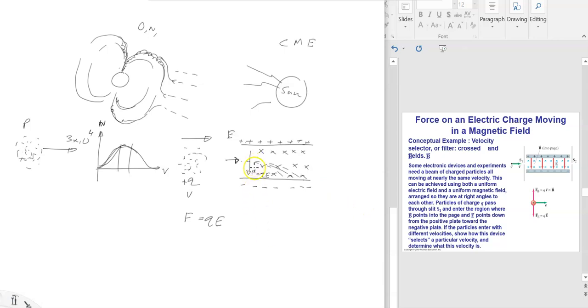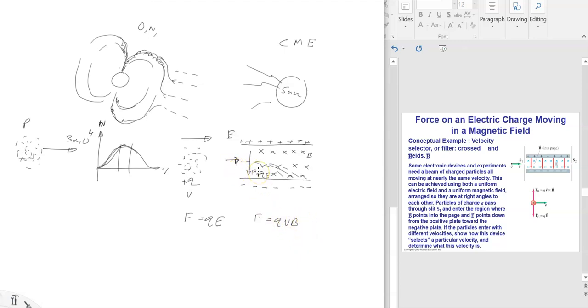Okay, so now we have these charged particles moving through a magnetic field, and we know that it applies a force F equals qvB. B is the strength of the magnetic field, q the charge, and v the velocity. Now what is the direction of qvB? We can figure that out using the right hand rule.